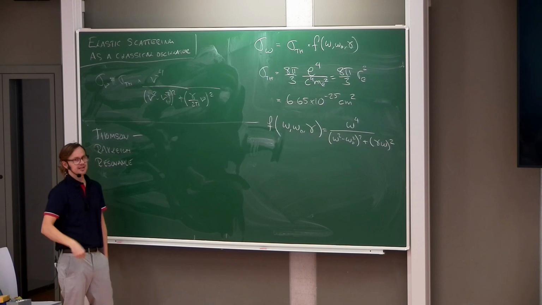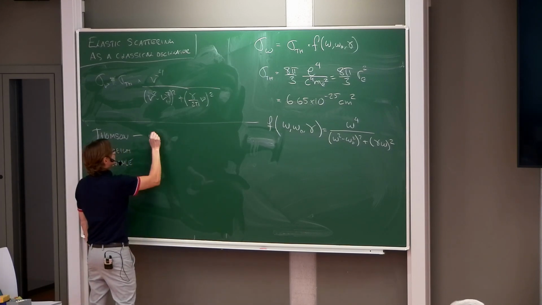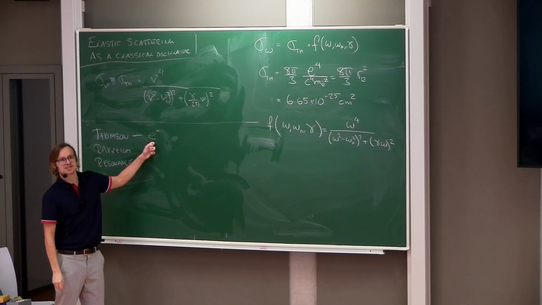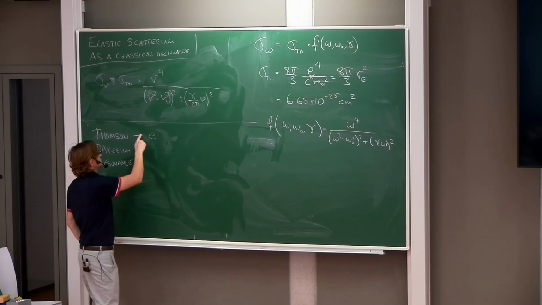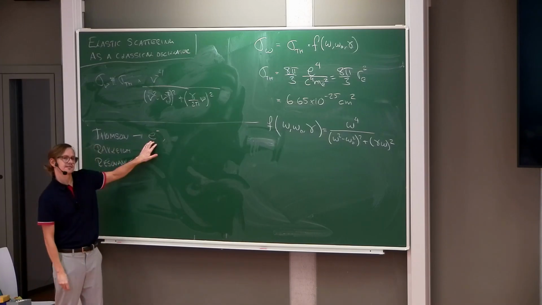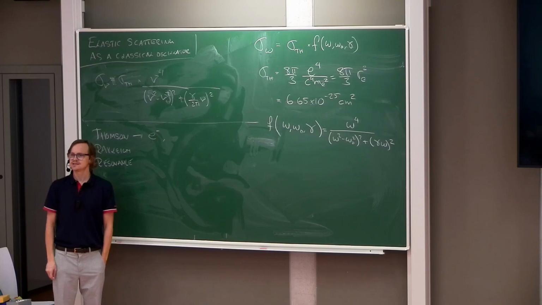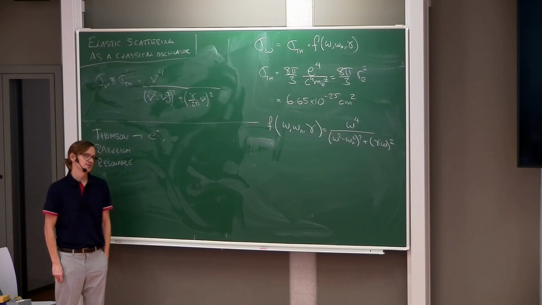Now, the Thomson limit is, as we will see, very important for free electron scattering. As applications, you will, during the course, see it both, as I said, as the basic opacity source in the universe prior to the era of recombination.